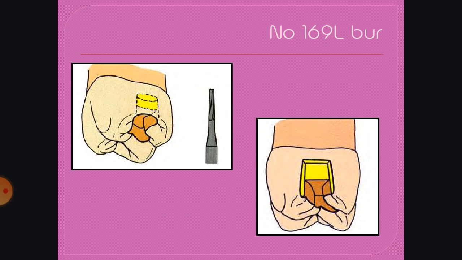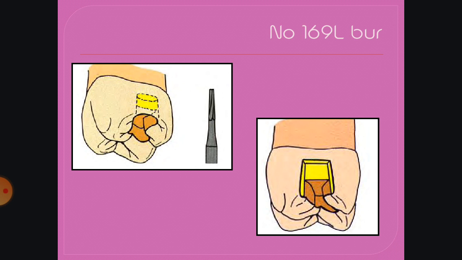It is done by running the burr just inside the cemento-enamel junction interproximally. As you have already done preparation for class 2 restorations in your conservative department, the same principle is followed here. The only difference is in the angulation of the burr.